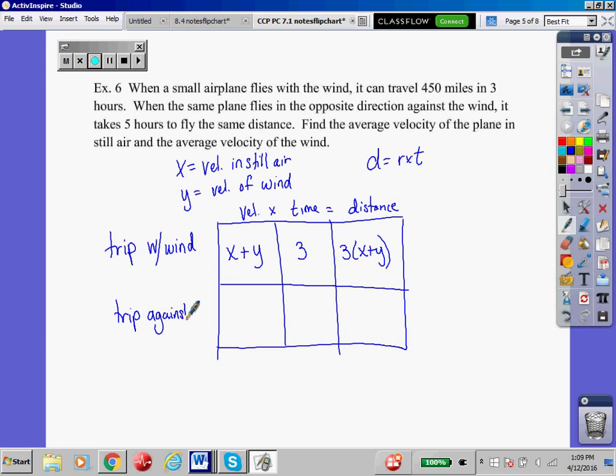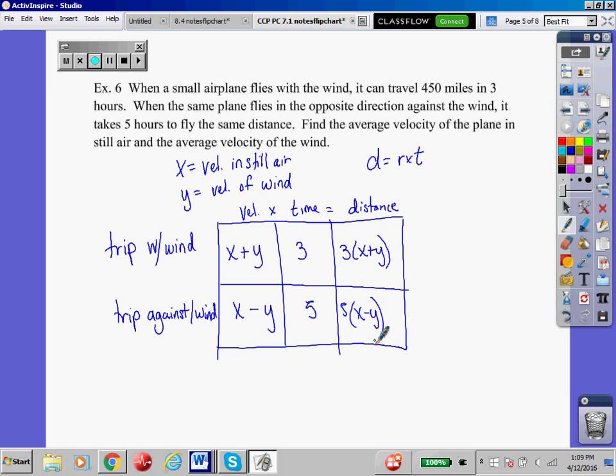And then we have the trip against the wind. So you're going to have the velocity of the plane in still air, and you're going against the wind speed. On the way back, it took 5 hours. And you're going the same distance. It was 450 miles.